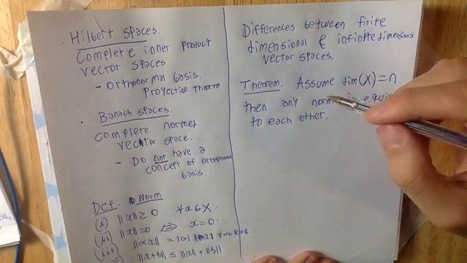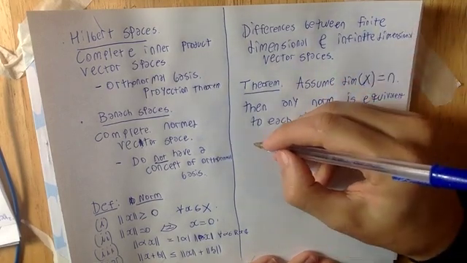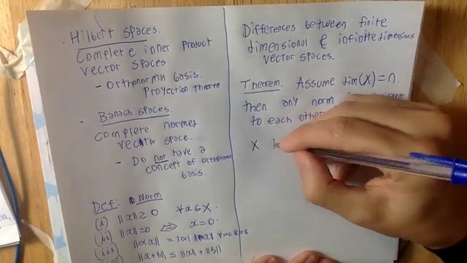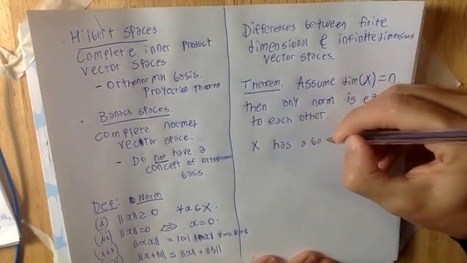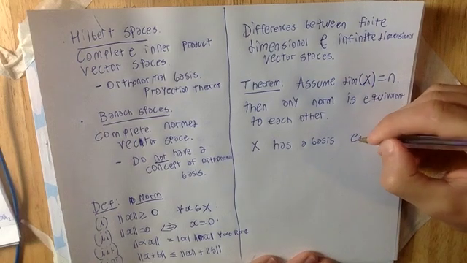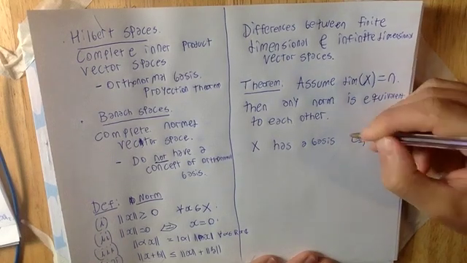Let's say that X has a basis E1 through En.